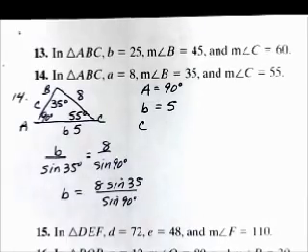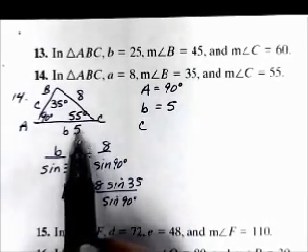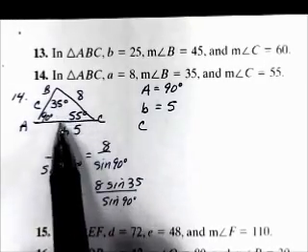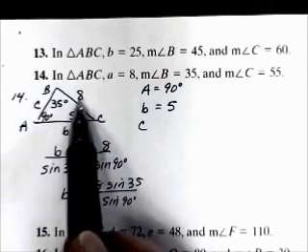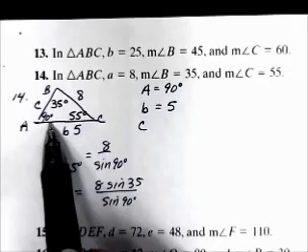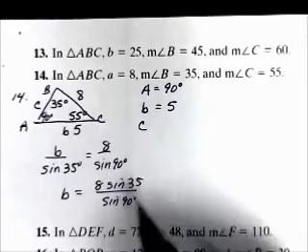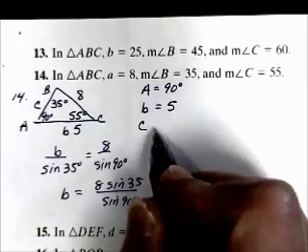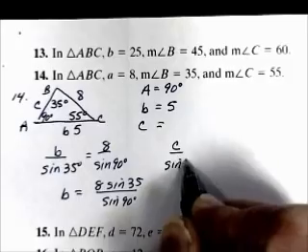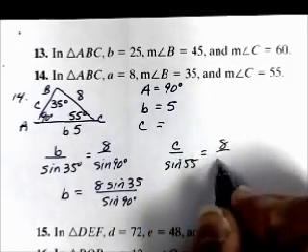And now for c, I don't want to use something I found, because again, we had rounded this. So let me go back to the originals we were working with: we originally were given the 8, the angle measure of 90, that is exact, and the angle of 55. So I'm using law of sines again. C over sine 55 equals 8 over sine 90.